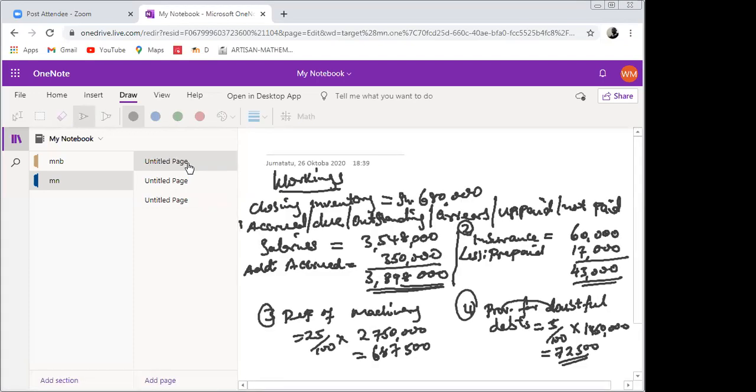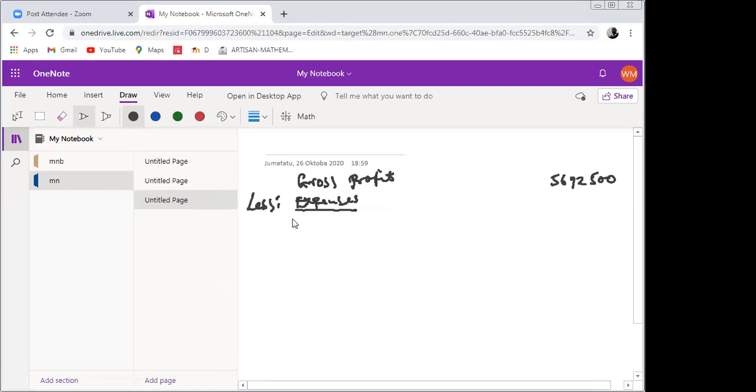On the workings, we had salaries. The figure was adjusted to 9,898,000. We can come here and start with the salaries, 9,898,000. You can tell the examiner here, you find it on my working number 1.